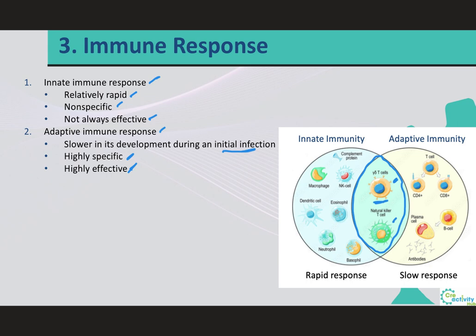And the natural killer T cells, which are lymphocytes that express both a T cell receptor, which is characteristic of the adaptive immunity, and surface receptors for the NK cells, which are part of the innate immune system. Therefore, it belongs to both the innate and the adaptive immunity.